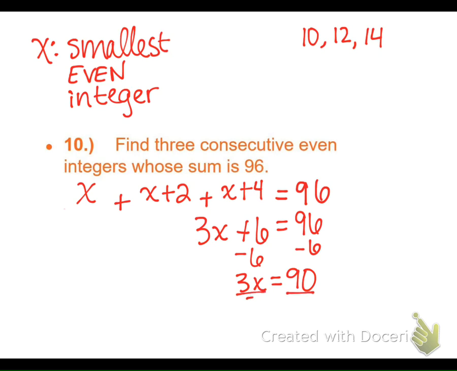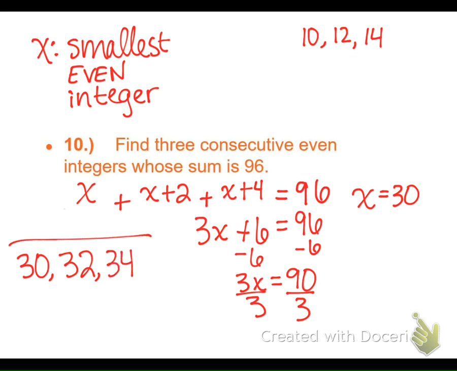Last step is to divide by 3, and we get x equals 30. But again, we didn't just want 30, we want 3 consecutive even integers. 30 is my smallest one. The next even integer is 32. The last one is 34.